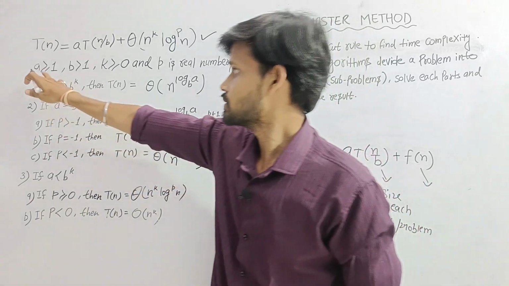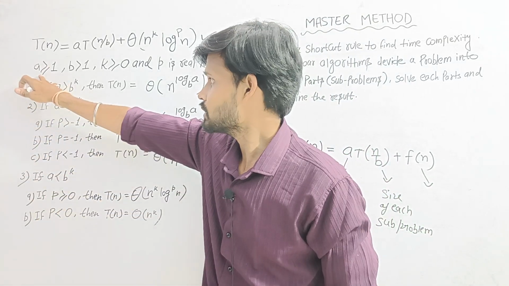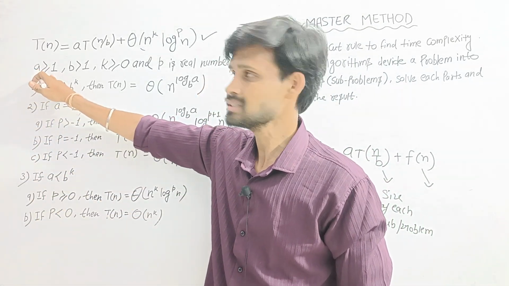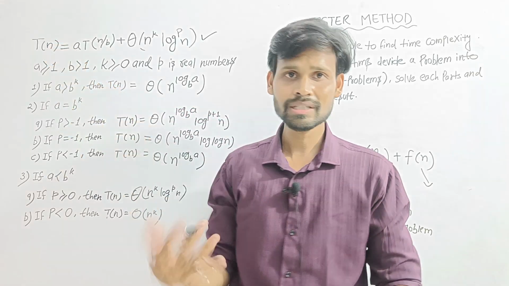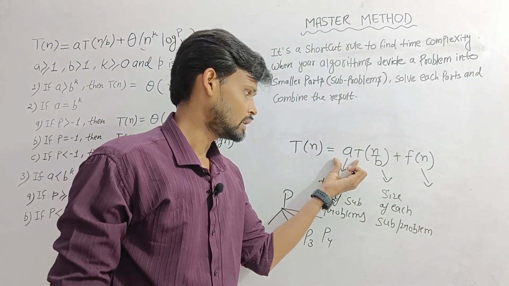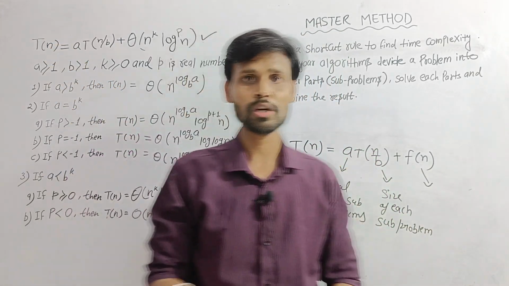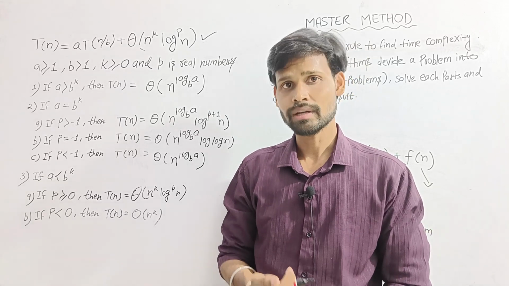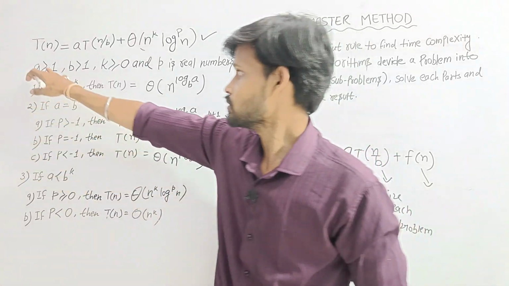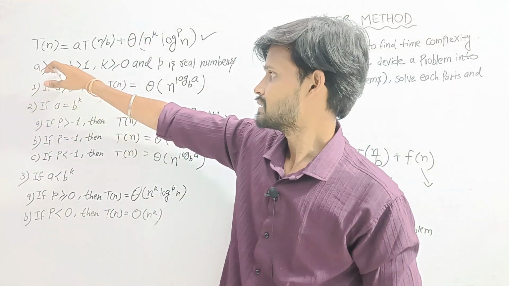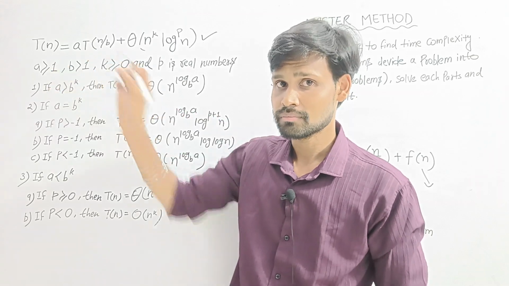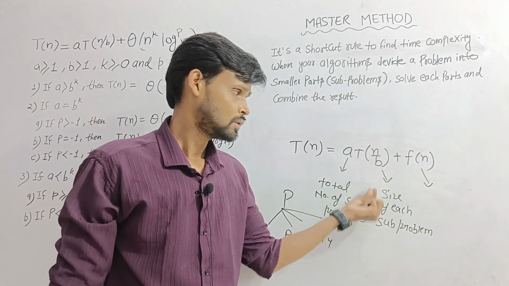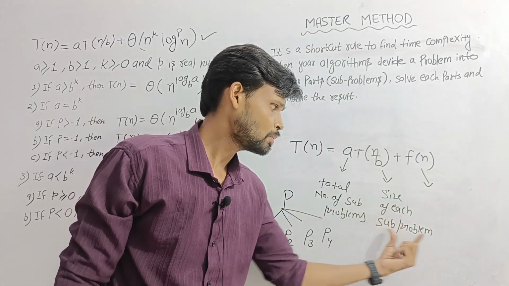Here you have to know that a is greater than or equal to 1. What is a? We have already discussed it: a is the total number of sub problems, so it must be greater than or equal to 1. Same for b greater than 1. n by b denotes the size of the sub problem.